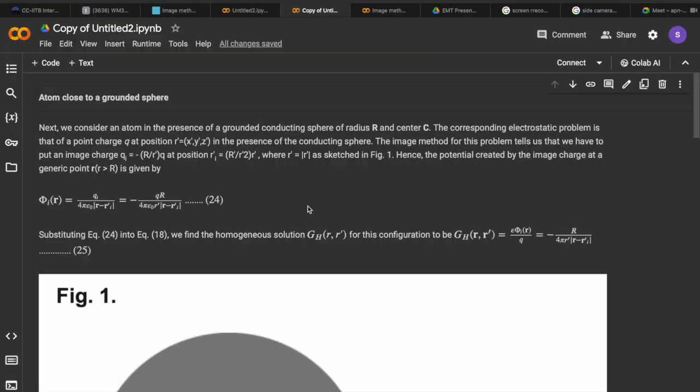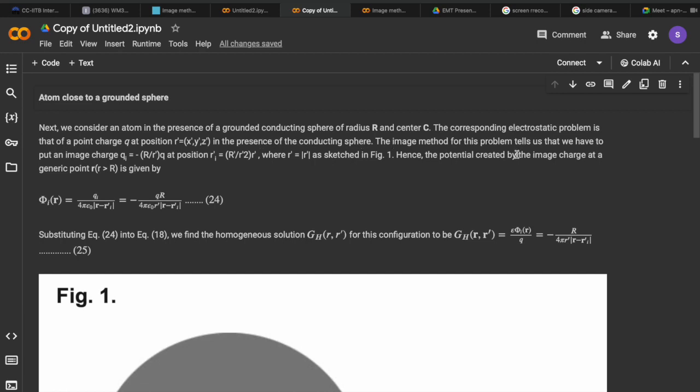Let's begin by setting up the problem. An atom is placed in the vicinity of a grounded conducting sphere with radius R and center C. We analyze the electrostatics of this problem by considering a point charge q located at position r dash, at x dash, y dash and z dash, in the presence of the conducting sphere.